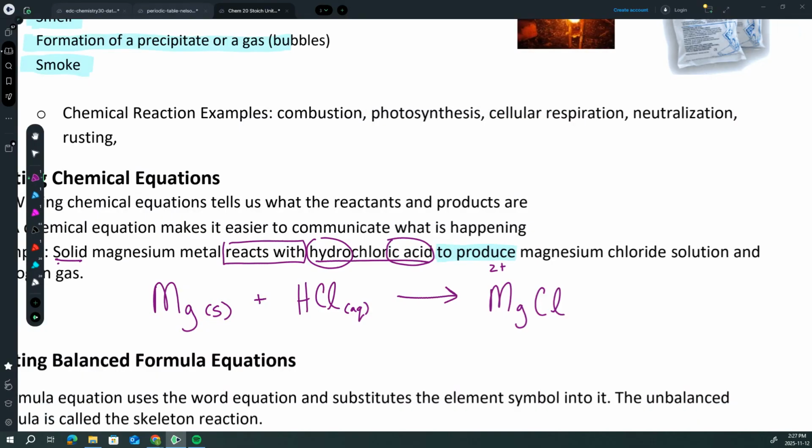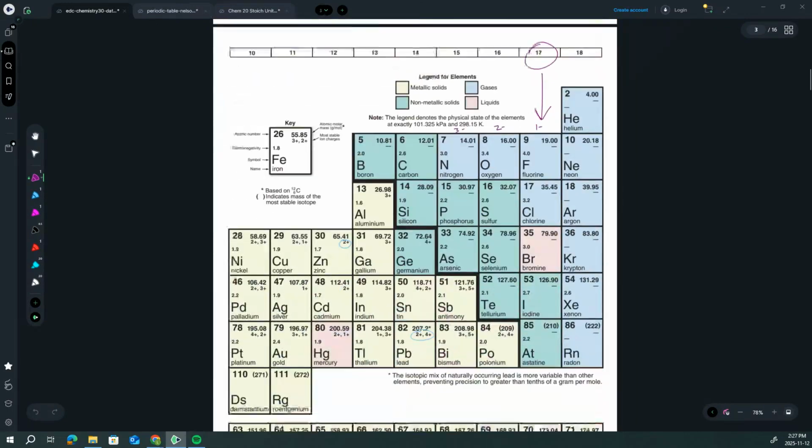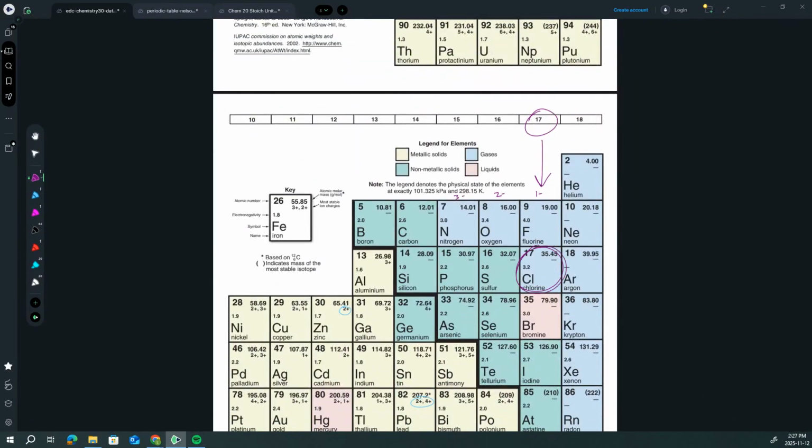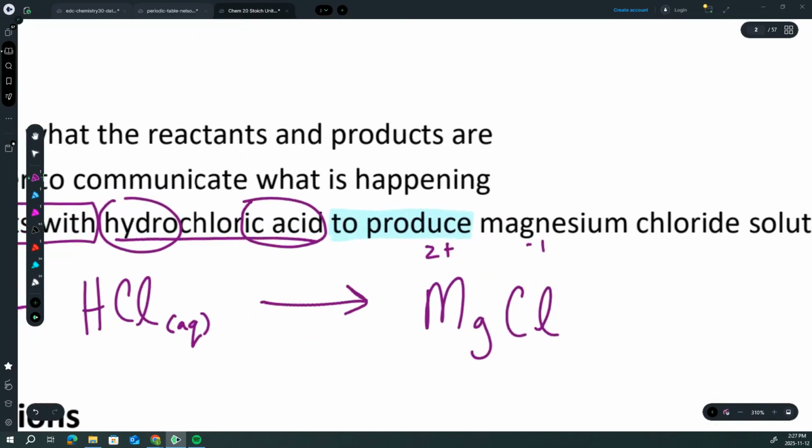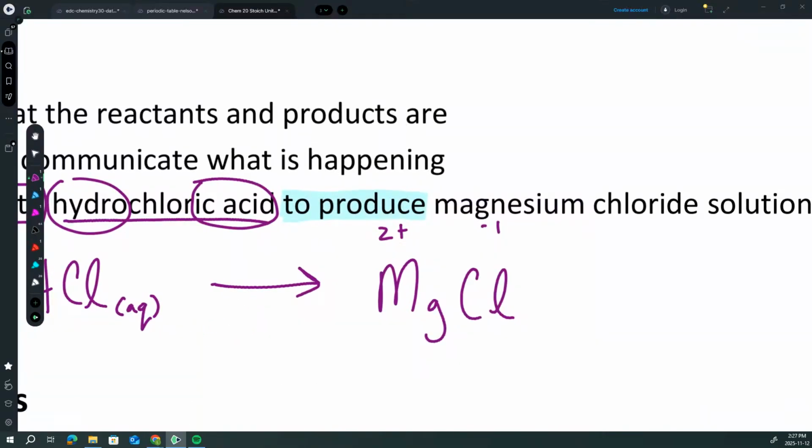With chlorine, since that is part of group 17, we can find it right here. Group 17 ions are going to have a -1 charge. Since 2 minus 1 does not equal 0, that's how we know we have to do crisscross applesauce. What that means is we are just taking the numbers, not necessarily the charges, and placing them across like this.